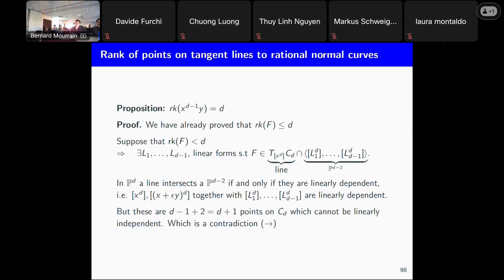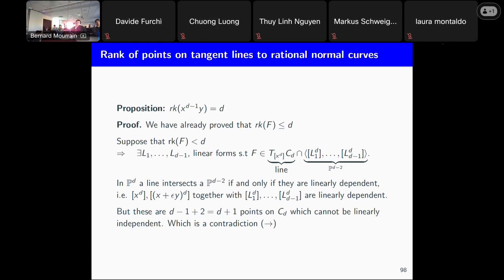And now I want to prove that it's really D. So I say, assume it's at most D minus 1, I can always find these D minus 1 forms. Maybe I need fewer, but I just take them. So I have this, I just said that there has to be an intersection between this line and the space.